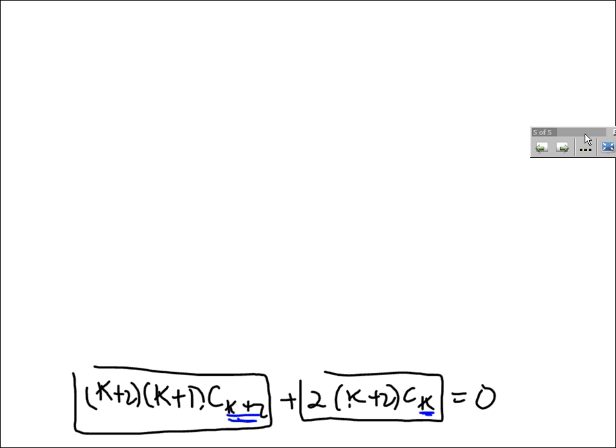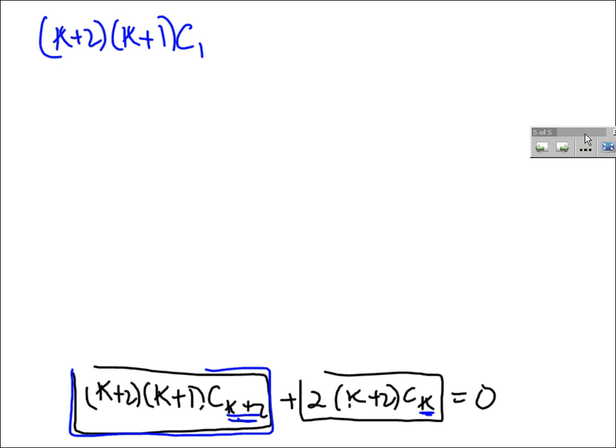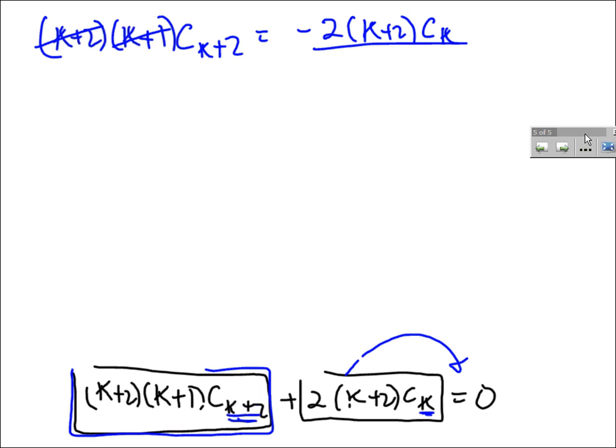So first I'll solve for this term. k plus 2 times k plus 1 times c sub k plus 2, bringing that to the other side, is negative 2 times k plus 2 c sub k. I'm going to divide by the factors I don't want, k plus 2 times k plus 1.